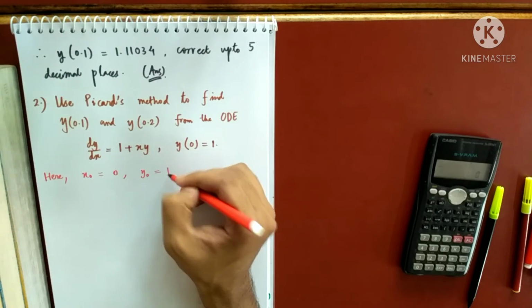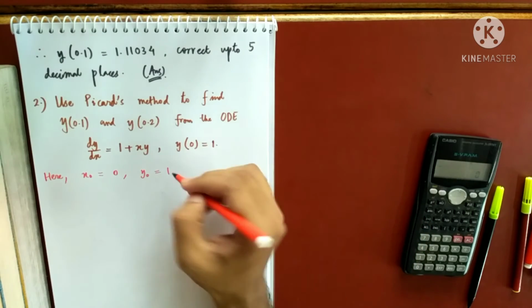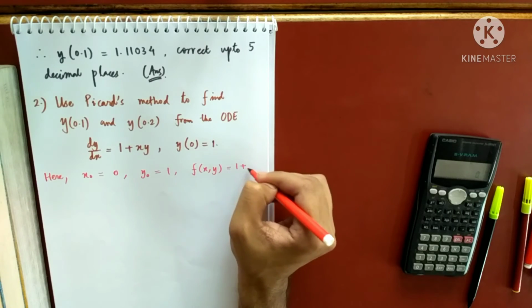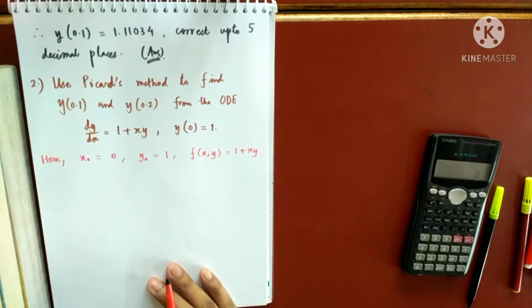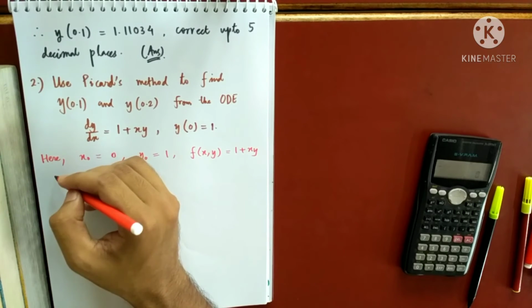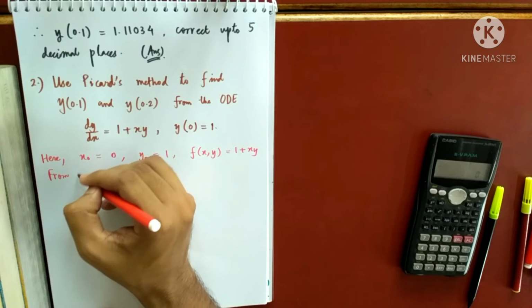So here we first write the values: x0 is 0, y0 is 1. The function is 1 + xy. So we are ready to do the Picard's approximation.